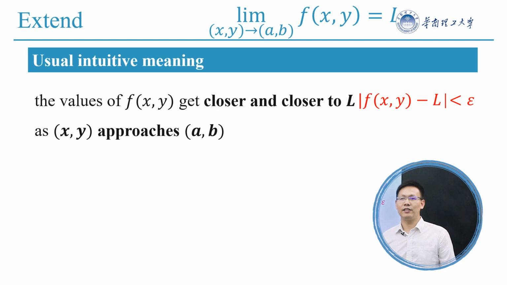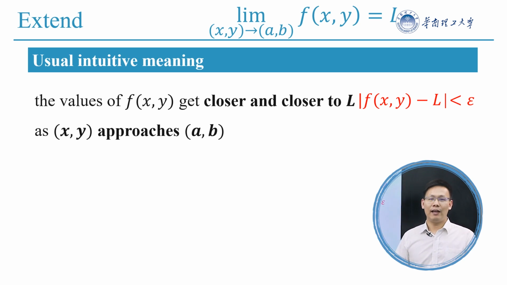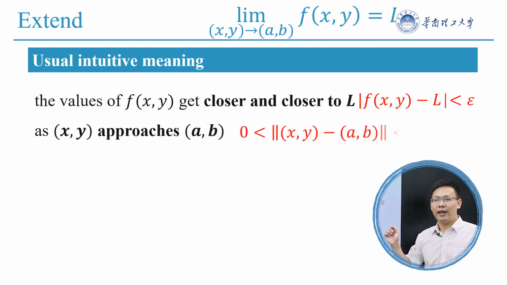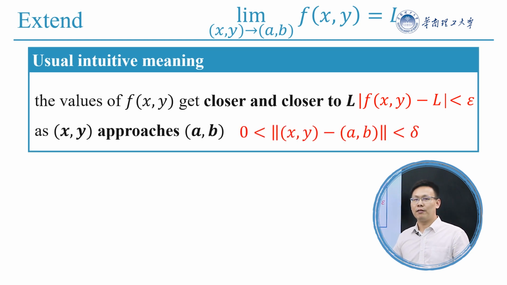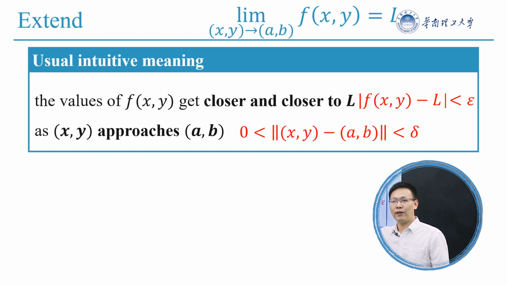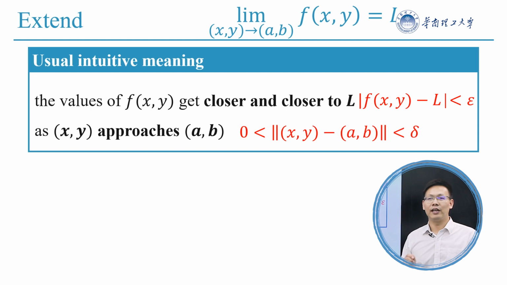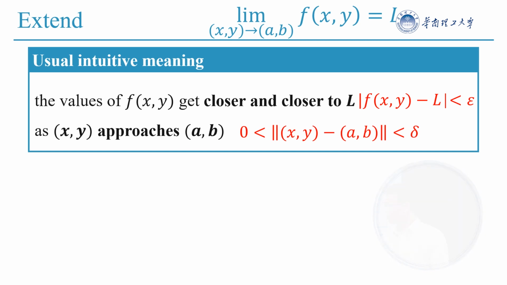Similarly, we can describe them by mathematical inequalities. f(x,y) getting closer and closer to L means this inequality holds, and (x,y) approaches (A,B) means the distance of (x,y) and (A,B) is larger than 0 and less than some delta. Thus, we have the following definition.